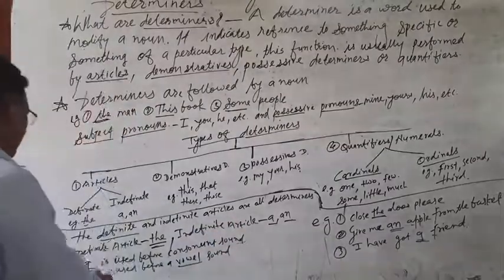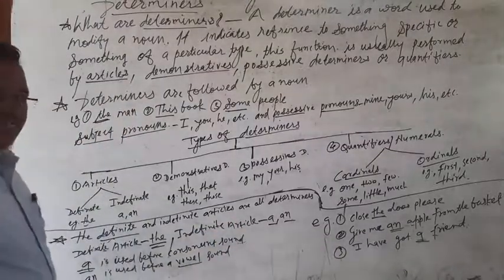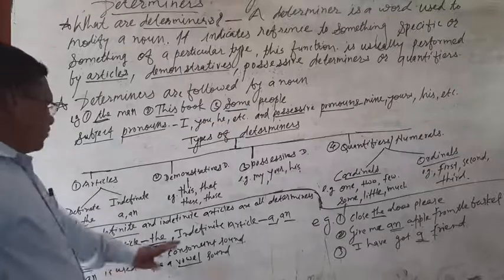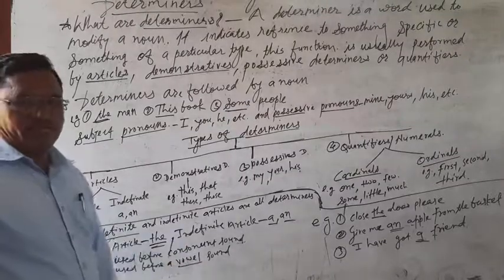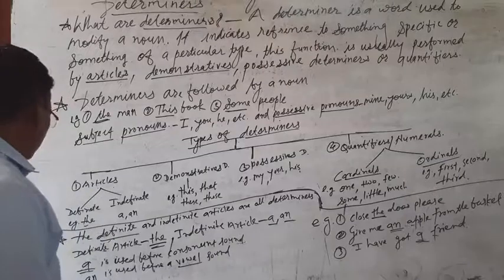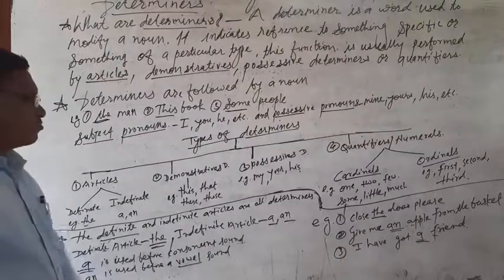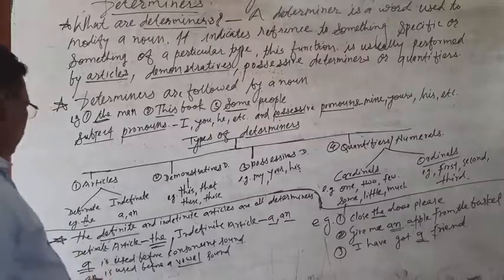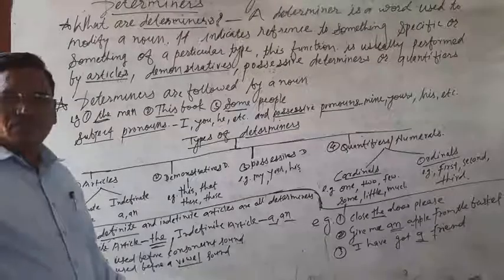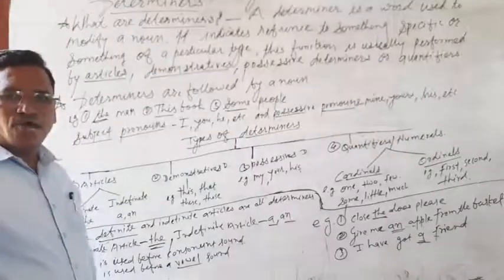Now see here, where can we use a? A is usually used before a consonant sound, and an is usually used before a vowel sound. There are 5 vowels: a, e, i, o, u.